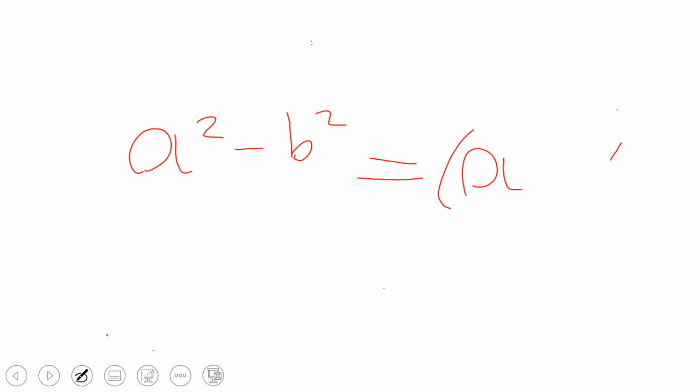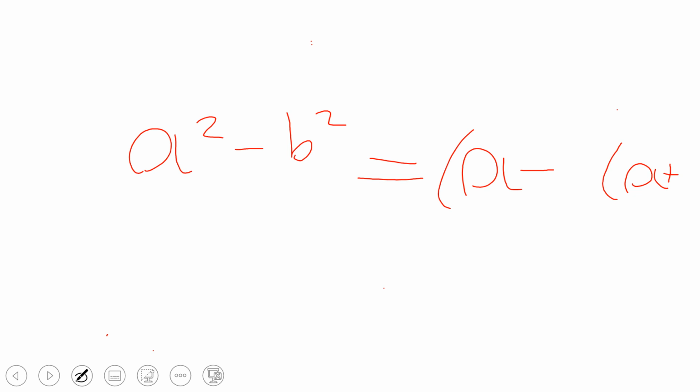I'm going to have an a over here and an a over here, since we have a squared, and we have minus b squared. We're not going to have a plus and a plus. We can't have a minus and a minus, because that's going to give us a plus, and that's going to alter this. We're going to have a minus, and I'm going to pair the negative and positive.